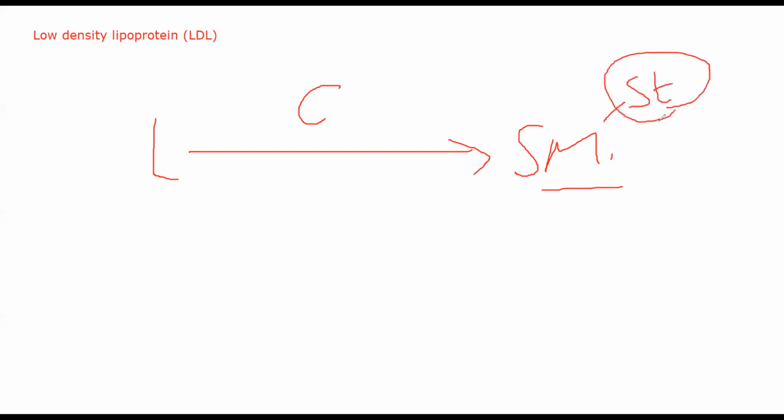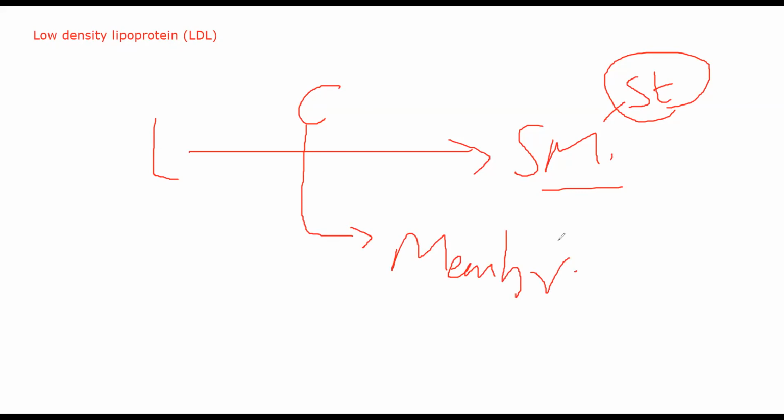It can be skeletal muscle, it can be ovary, it can be testes. Wherever steroid hormones are formed in excessive quantity, there your lipoprotein will transport cholesterol. That is one function. Other than that, this cholesterol will get incorporated in cell membranes, especially any membrane actually. It will help in the integrity of your cell membrane.